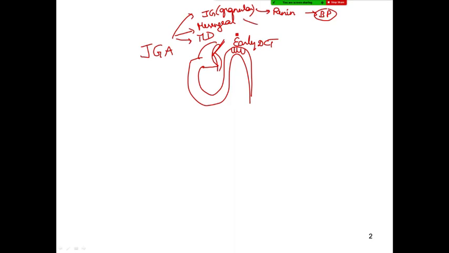Mesangial cells can contract. And what does the macula densa secrete? Adenosine. So both of these have a role in auto-regulation of renal blood flow and GFR. So know the different cells of the juxtaglomerular apparatus and their functions.